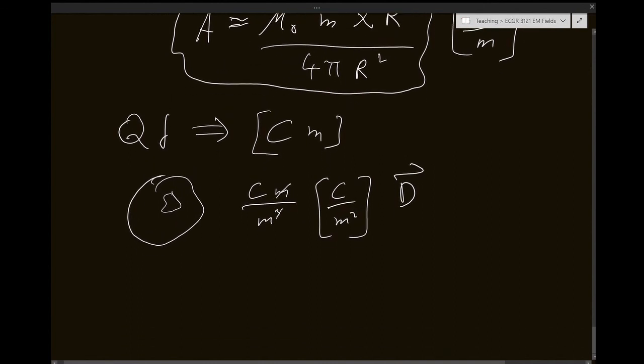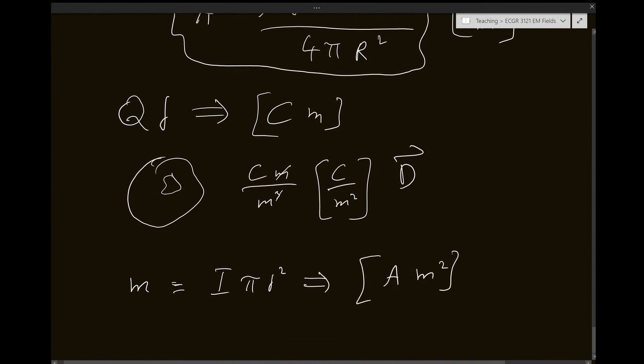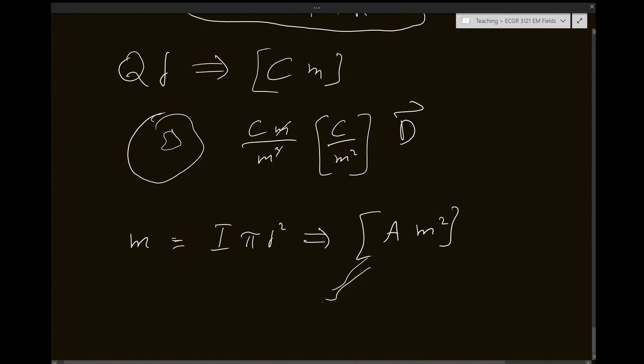If we look at the unit for m, what is m? It's I pi d squared. It has units of amp meter squared, right? What happens if I take the density? I imagine in space I have in a volume an infinite amount of dipoles like that.